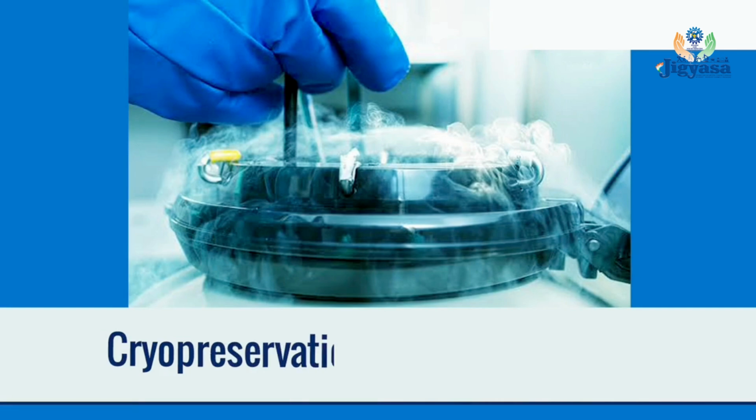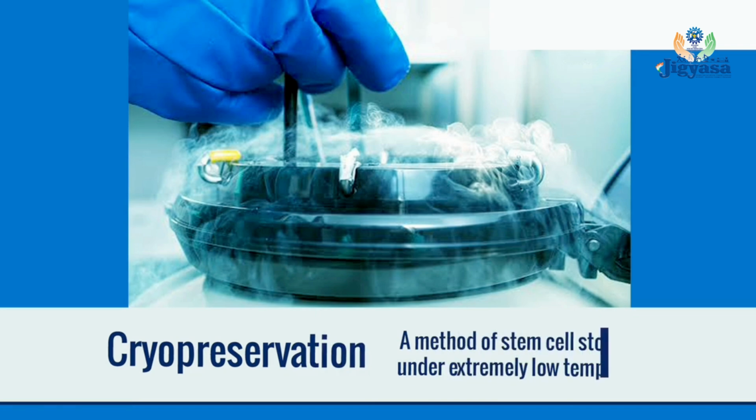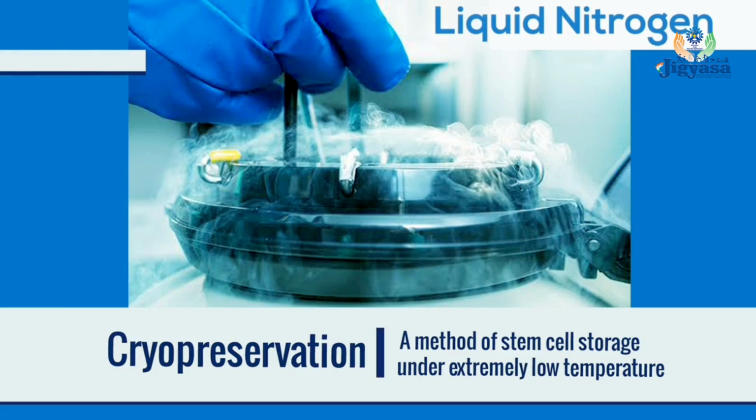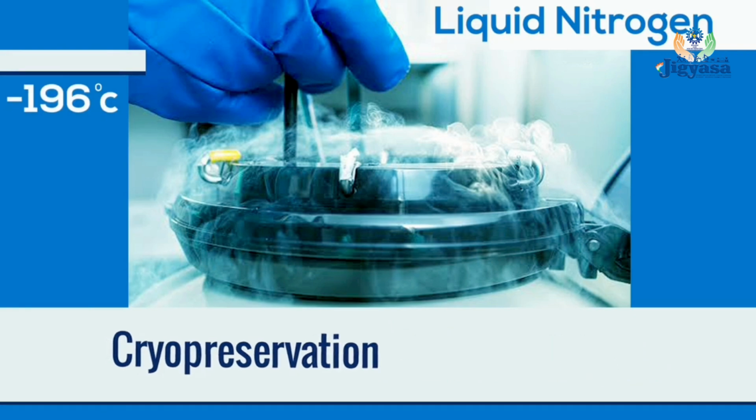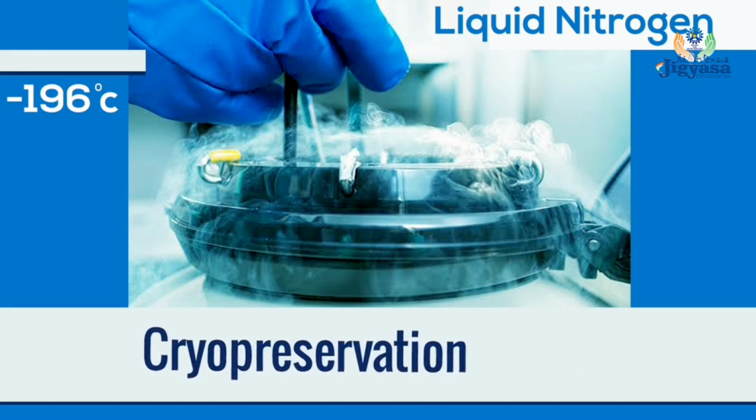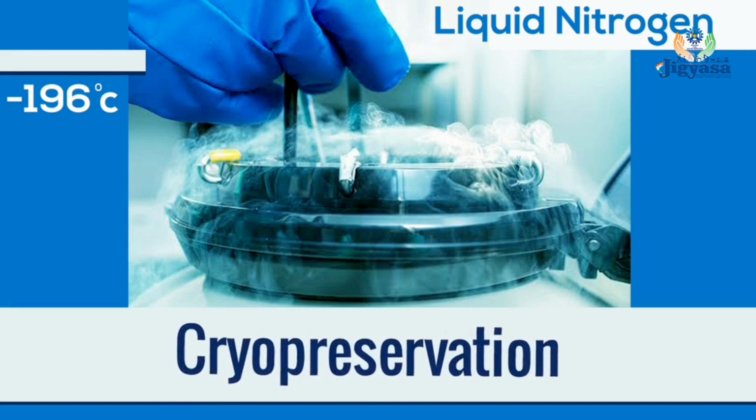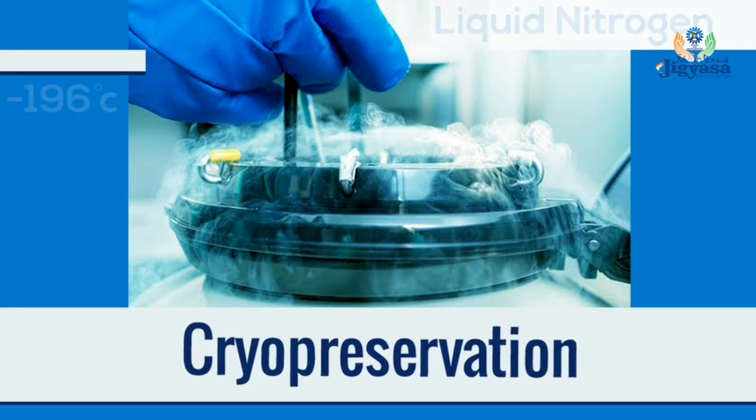But nowadays, most stem cell culture use defined serum-free media containing various additives and growth factors. Stem cells are then frozen by a special program and preserved in liquid nitrogen at -196 degrees Celsius. This method of preservation of stem cells is called cryopreservation.